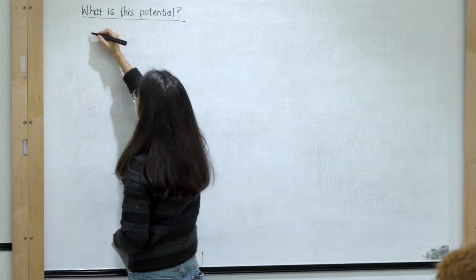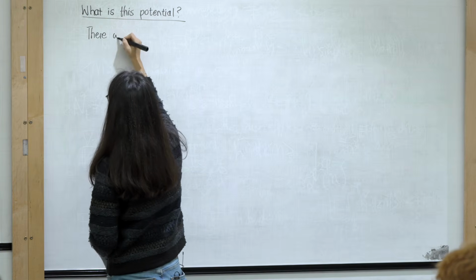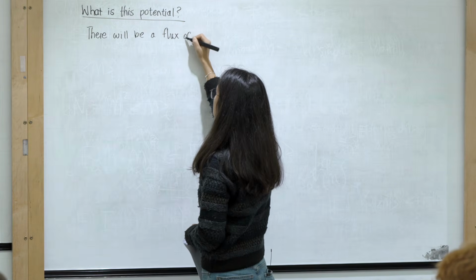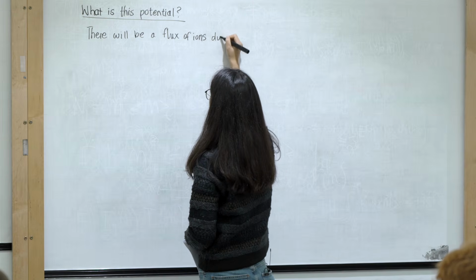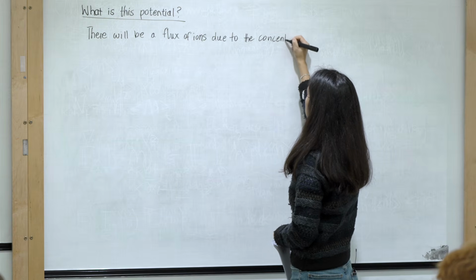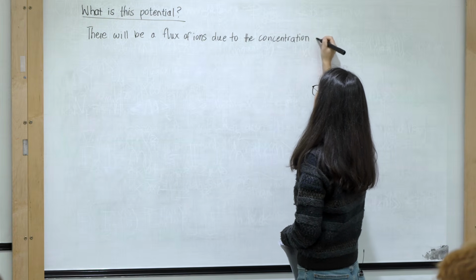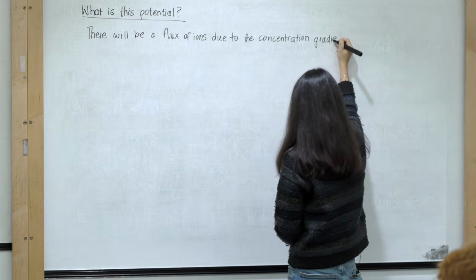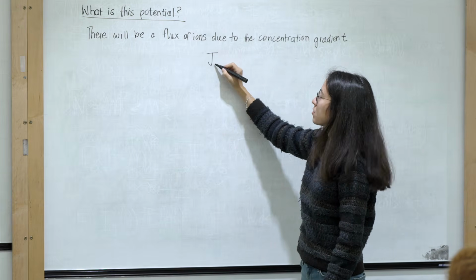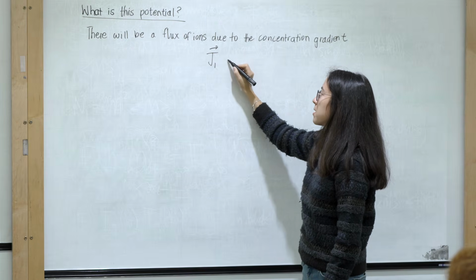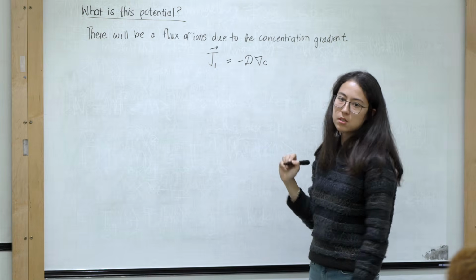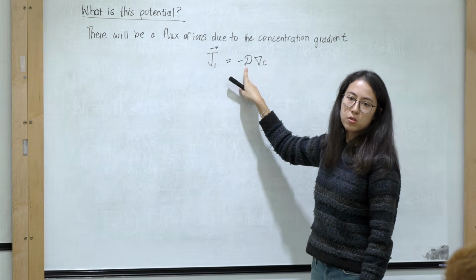So there are two parts of it, we said. There will be a flux of ions due to the concentration gradient. So the way I will write it is I will use J in general to write flux. This will be the first part of it. It's going to be a vector. It's minus D, and then I'm taking the gradient of C, where C is the concentration. D is the diffusivity.